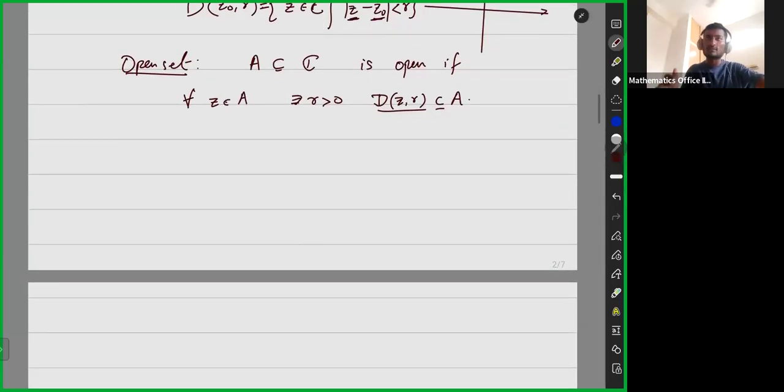Then we talked about limit points. That is, I think, clear. Interior and closure of sets I don't want to discuss.